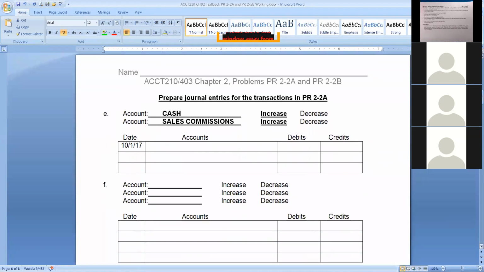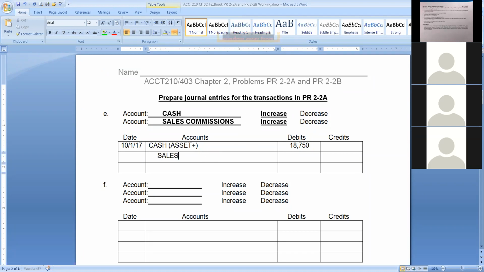Oops, where am I at? Here we go. Okay, so cash is going to increase. Asset going up by 18,750. And basically revenues are anything you do to make money.